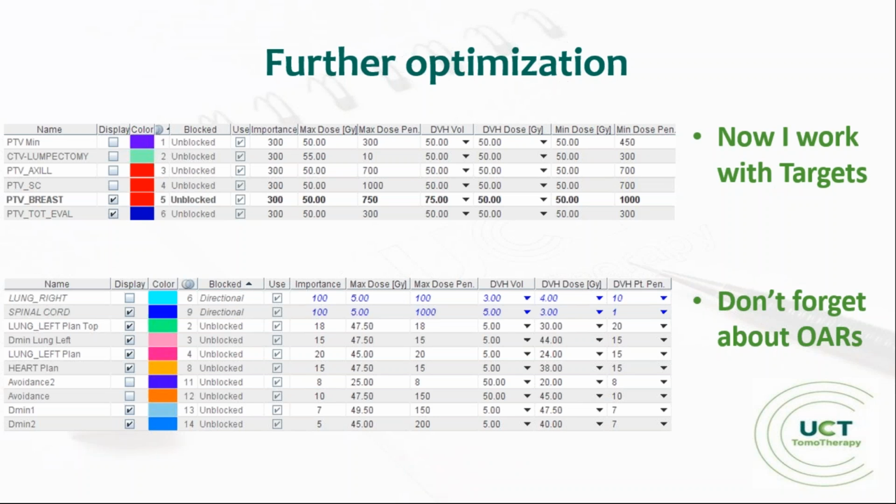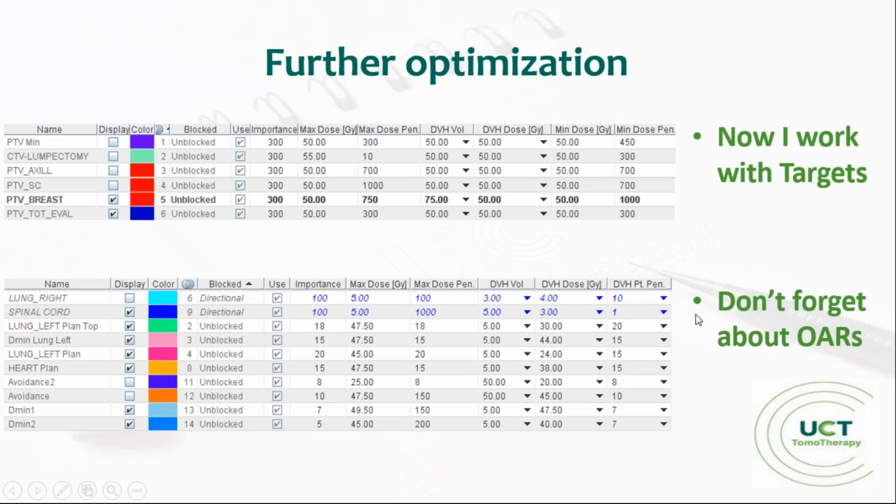On the first step I put 75, next I put 85, next I put 95, and then I see what I have to change in this max dose penalty and in this minimum dose penalty. And I do this in steps, in the beginning maybe 100, but then I increase the step.